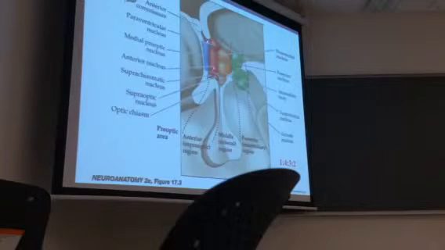We have 1, 2, 3, 4 in the anterior group. Paraventricular, anterior nucleus, the suprachiasmatic and the supraoptic. Suprachiasmatic, above the chiasm, supraoptic, above the optic nerve. So you start to get a feeling for how they're named.